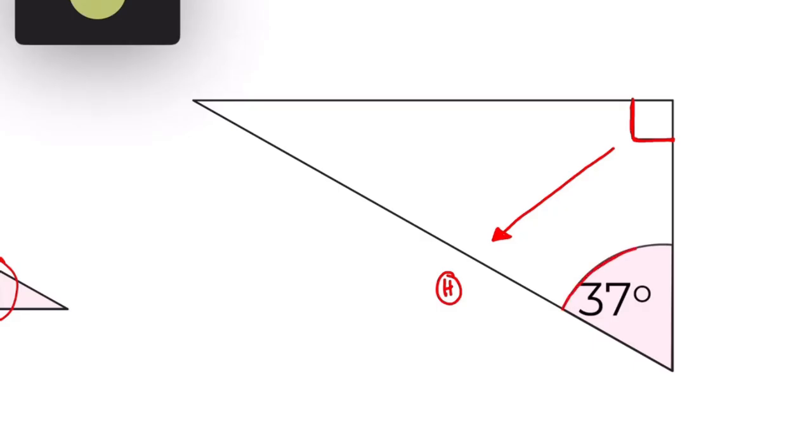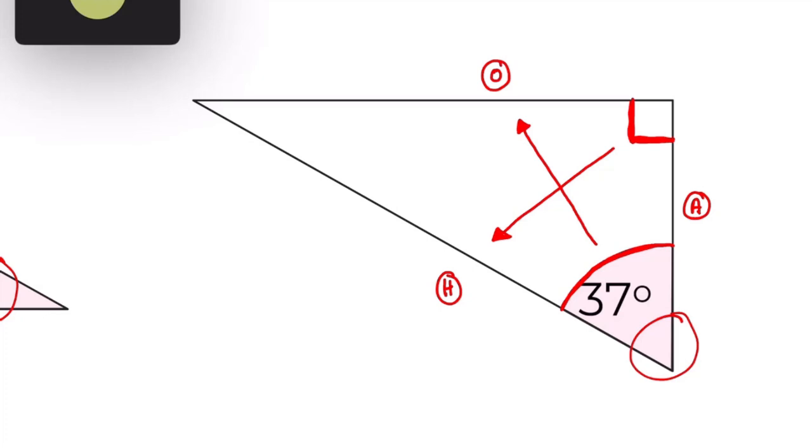The angle is over here, 37 degrees. So the side opposite to this angle is going to be the opposite. We're going to label it with the O. And then the side which is left over, which is this side, is just going to be labeled as the adjacent. And remember the adjacent is connecting the right angle to the angle over here.